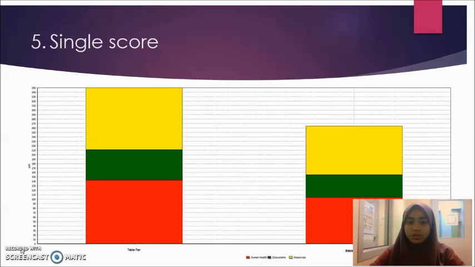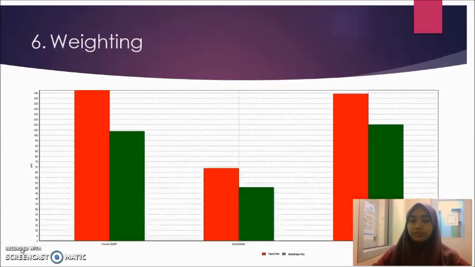For the single score, the highest resources are produced by the table fan, and the highest human health is also produced by the table fan. This shows the table fan contributes more harmful material to the environment, and the bladeless fan contributes less harmful material to the environment. Next, we continue with the weighting.